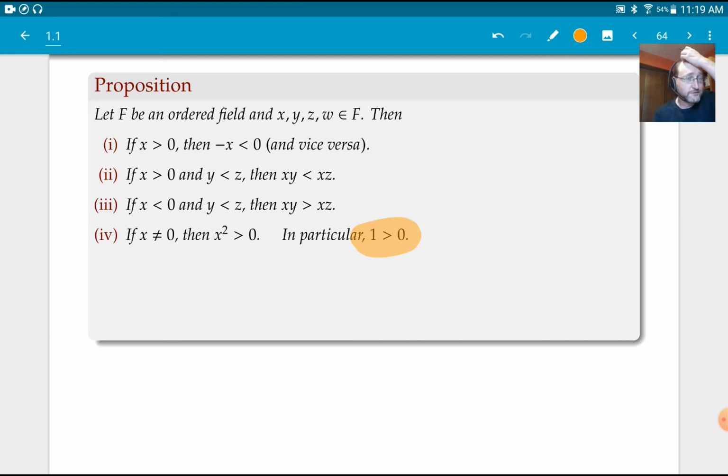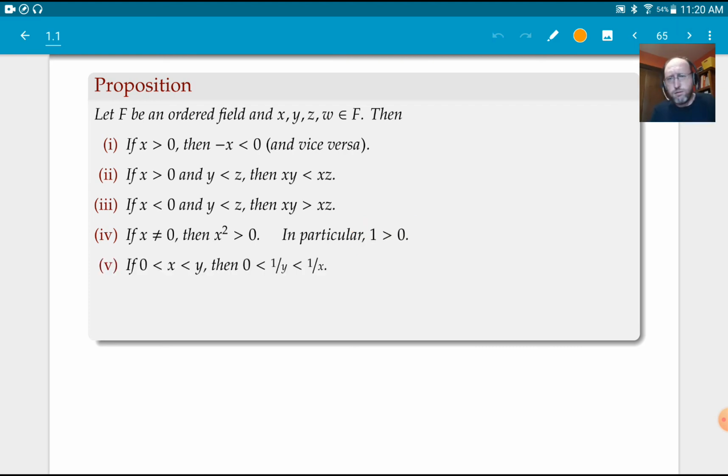In any ordered field, not just in the real numbers, not just for the rationals, not just in the ordered fields that you've seen. Those are basically the only ones that you've seen, really. But in any ordered field, 1 is bigger than 0.